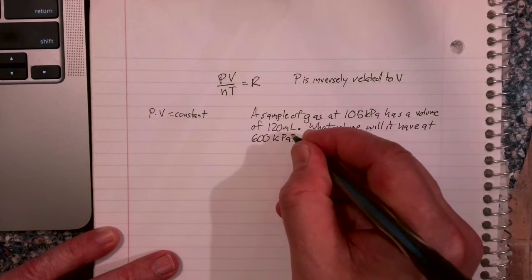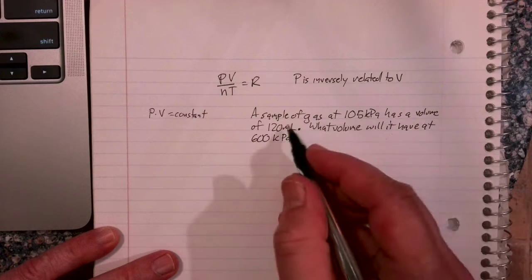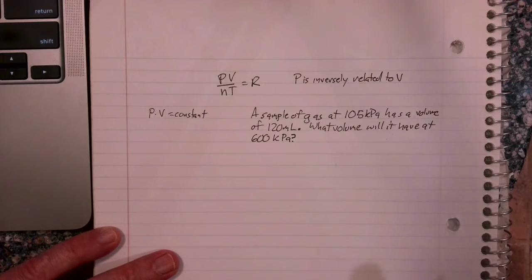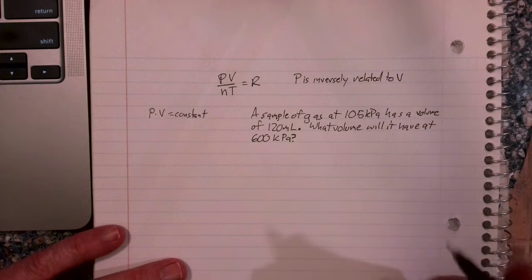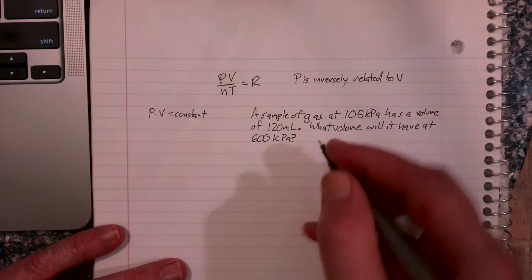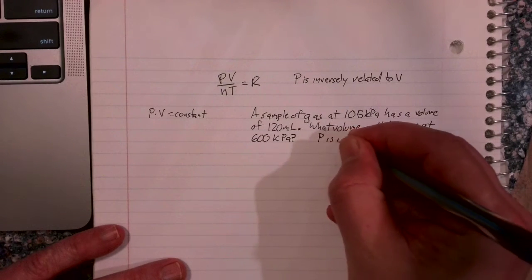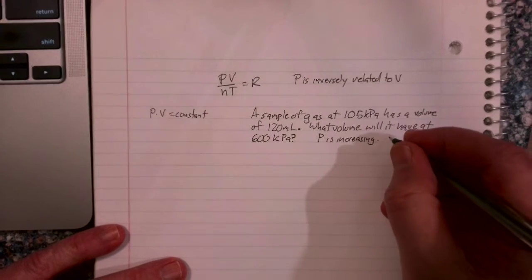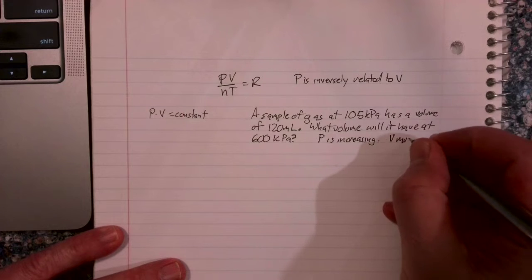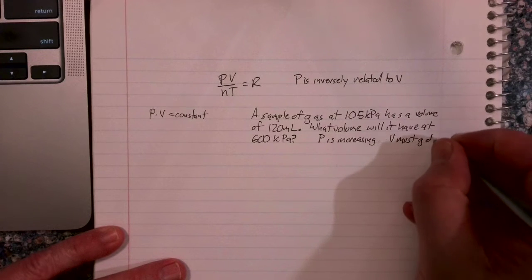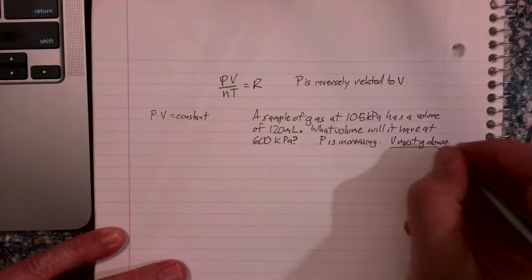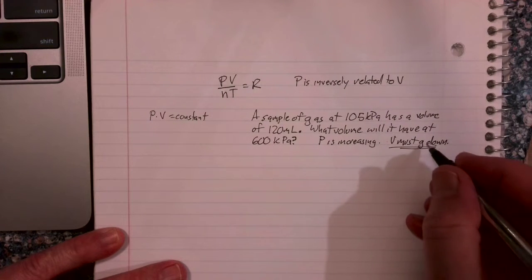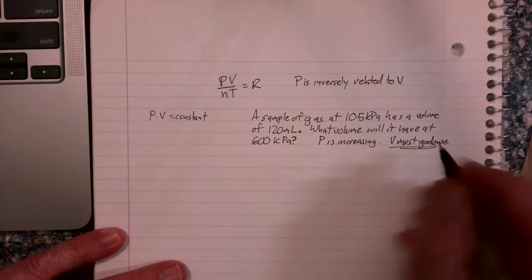Okay. Now we have two pressures and a volume, and you want to know what's going to happen. Well, we know that the pressure is going up. That means the volume must go down, right? Must go down.